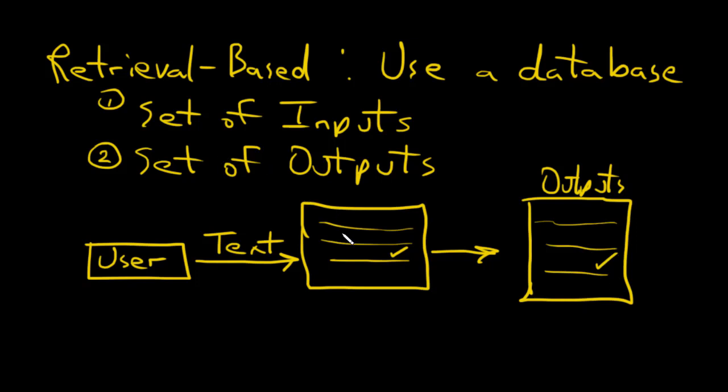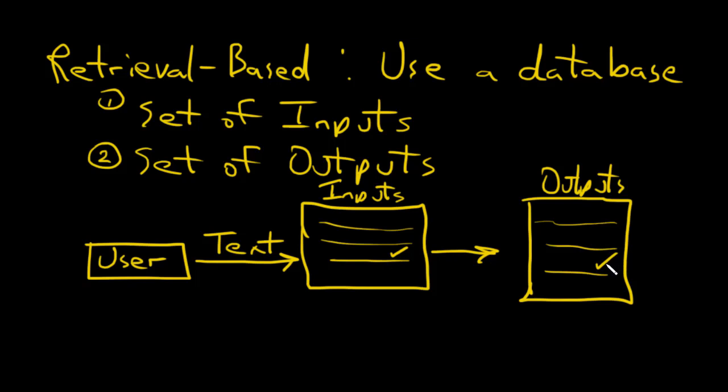For example, inside of the input database, I can put the label inputs on top of that. Let's say that I had an entry for the price of pizza. If the user inputs some text that says, what is the price of pizza? It would match that inside its input database, and then it would output the entry that corresponded with that input.